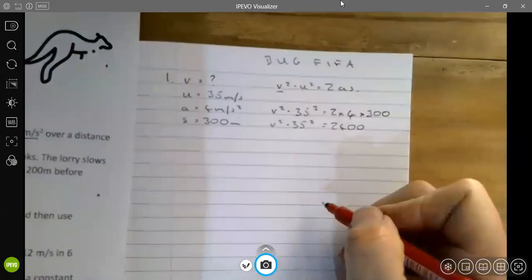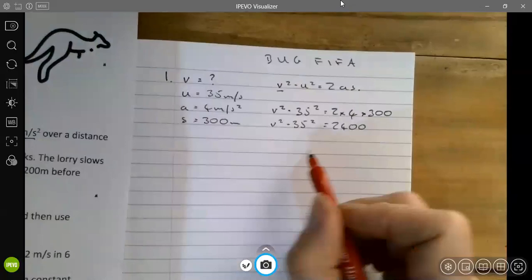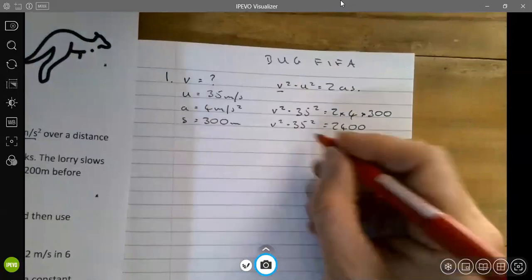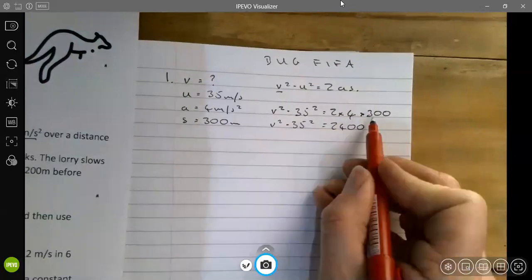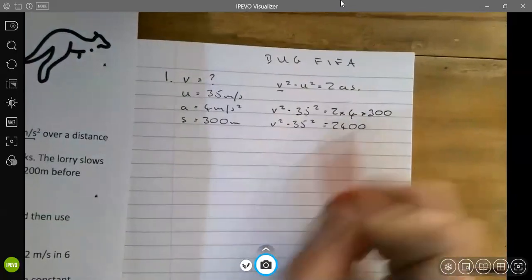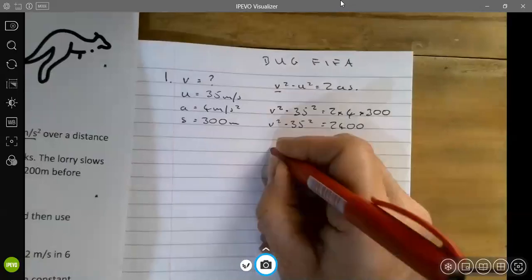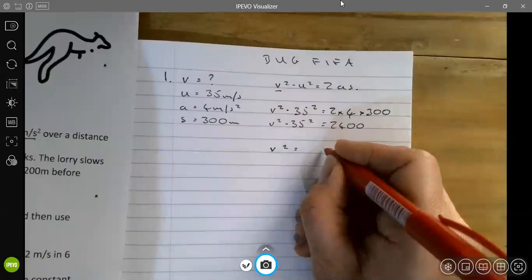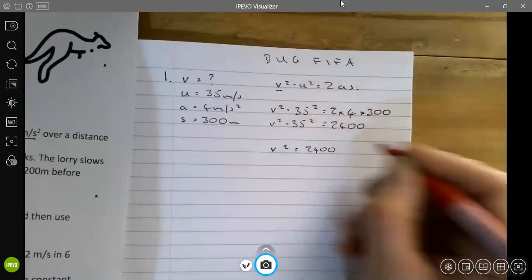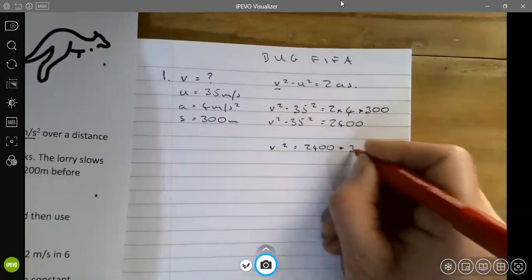So I now need to leave v squared on its own. I want to make v squared the subject. So I'm going to take the minus 35 squared to the other side, and that will give me v squared is equal to 2,400 plus 35 squared.